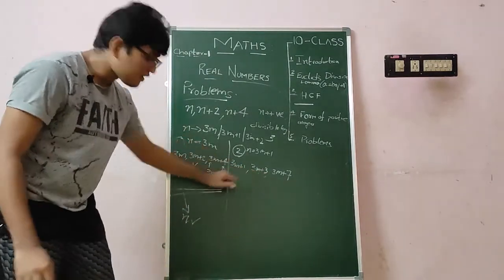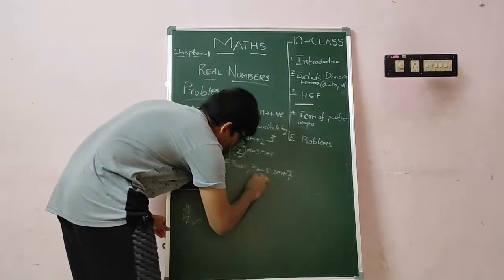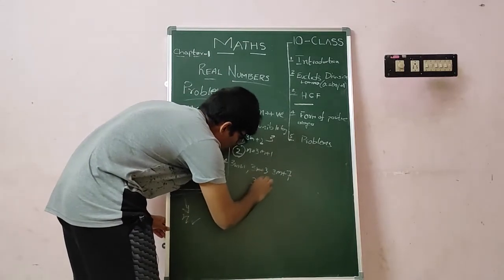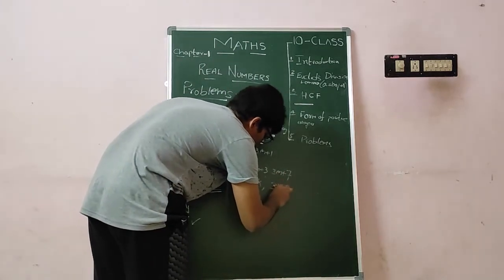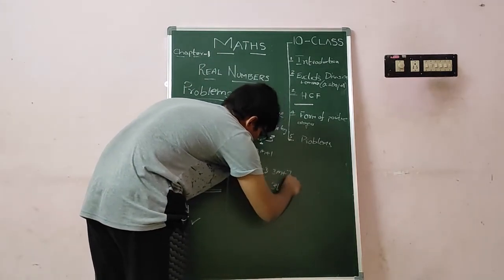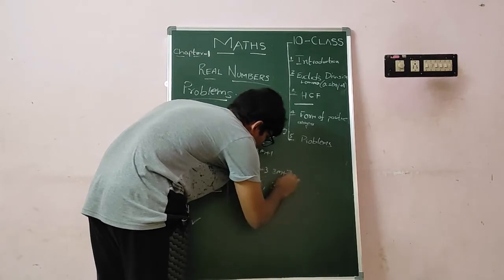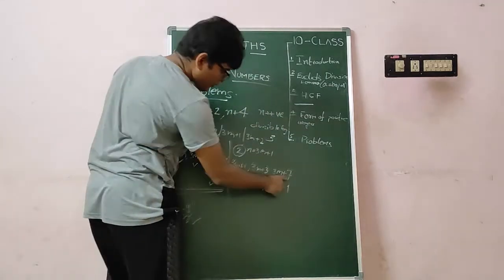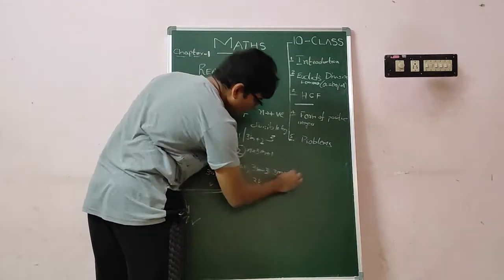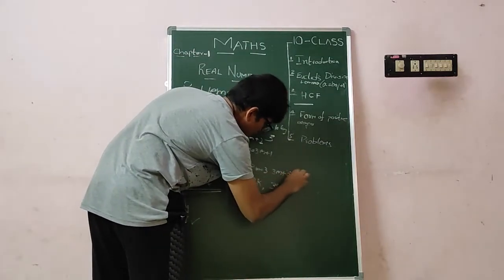So here we can take 3 common and write it as a new variable k. And here also we can take another 3 common and write it as a new variable. What is this, students? 3m plus 1. Yes or no? This 7 is 6 plus 1.